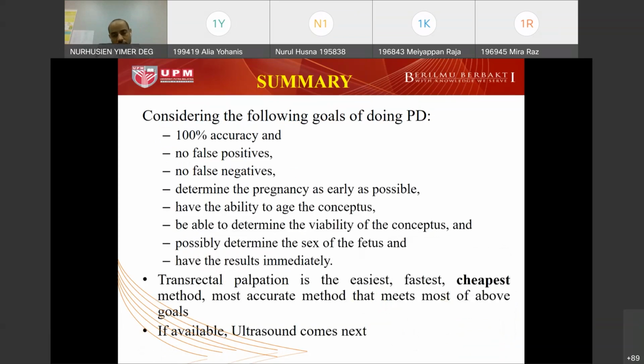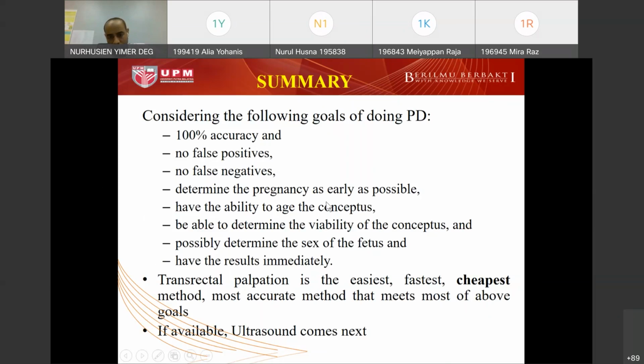So in summary, considering the various objectives of performing pregnancy diagnosis listed here: to be as accurate as possible, up to 100%, to avoid any false positive or false negative cases, to be able to determine the pregnancy as early as possible after breeding, and of course also the ability to estimate the age of the fetus, and determine the conceptus and the sex of the fetus.